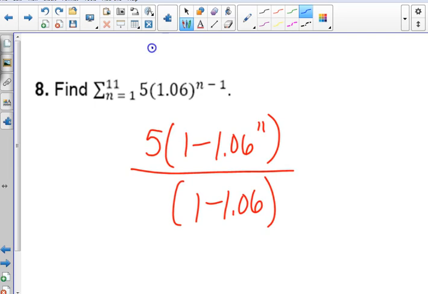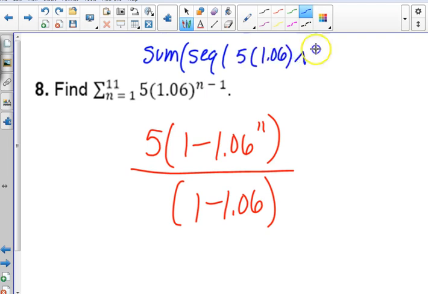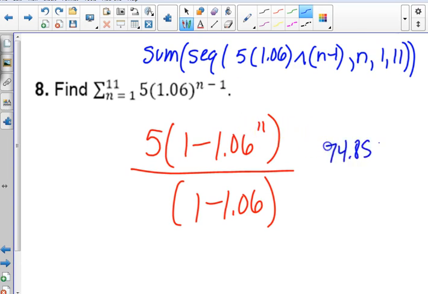If you have an older calculator, this is a little bit tricky because you'd 5 times 1.06, but when you do to the power of, you need parentheses around the n minus 1 on the really old calculators. But you could just use that summation thing. I don't know what it comes out. What do you get? 651?